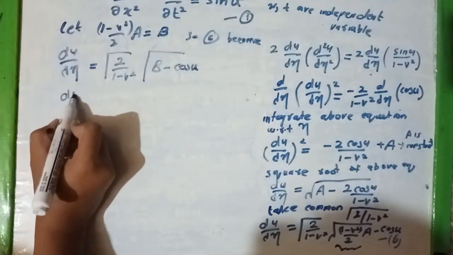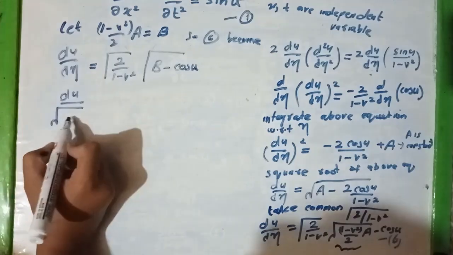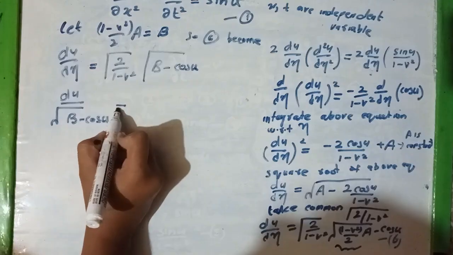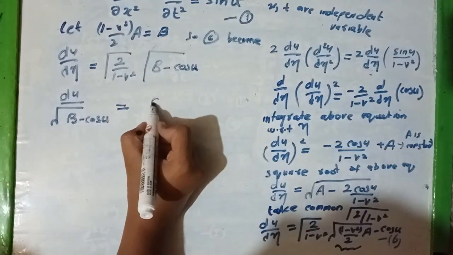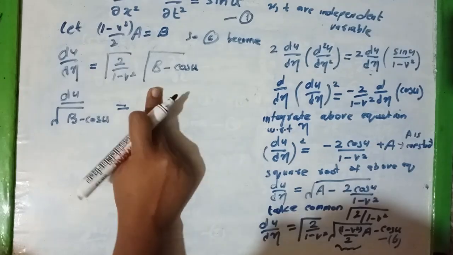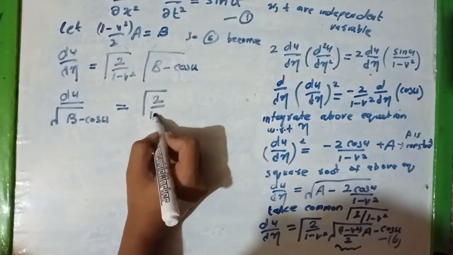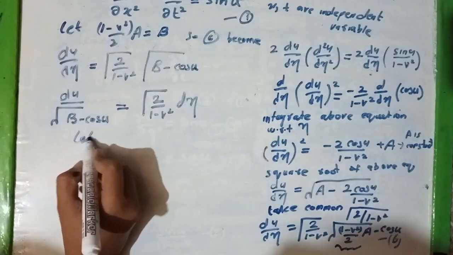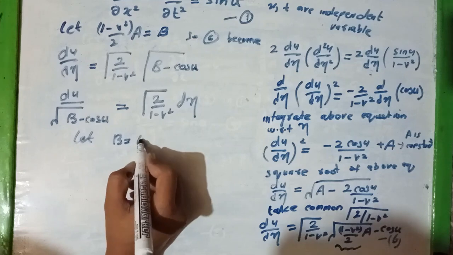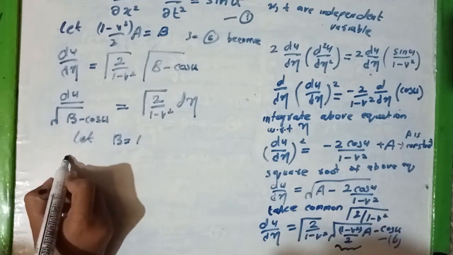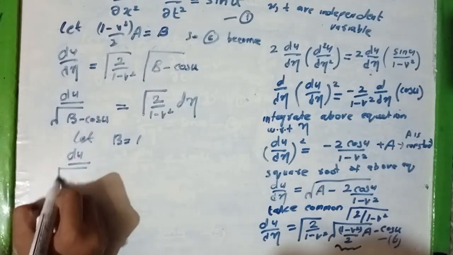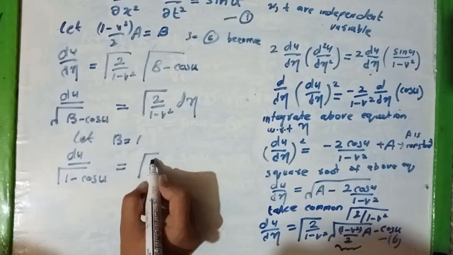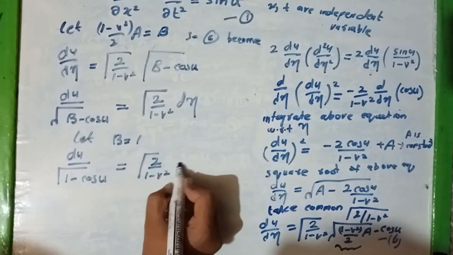So du over the square root of (b − cos u) is equal to the square root of 2 over (1 − v²) dη. Let b be equal to the constant 1. So this becomes du over the square root of (1 − cos u) is equal to the square root of 2 over (1 − v²) dη.